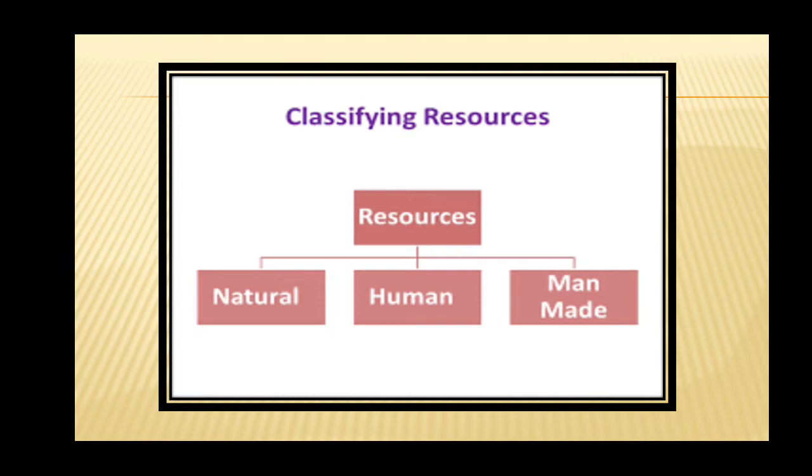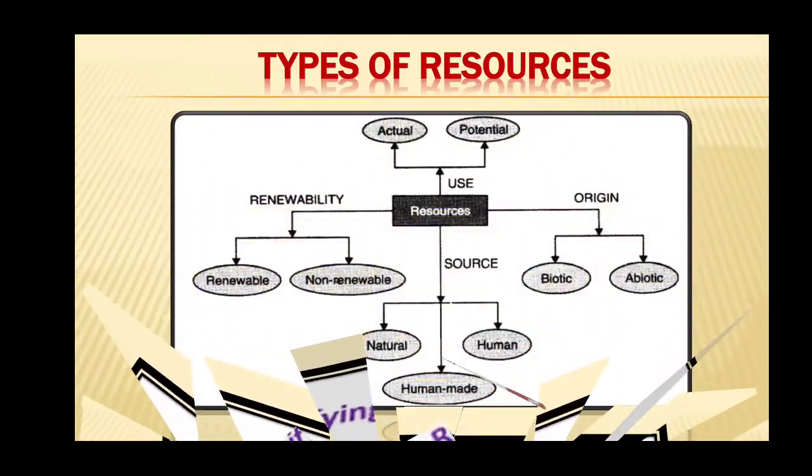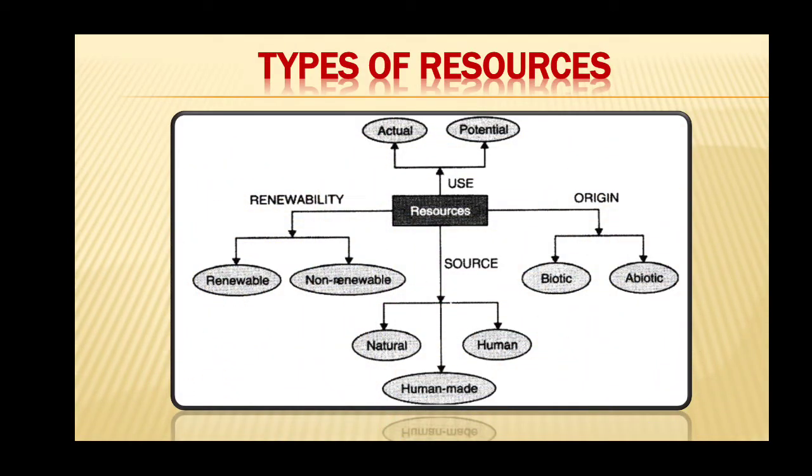Now, here we have the classifications of resources. Here, resources are classified into three main categories: natural resources, human resources, and man made resources. Here, the types of resources are explained in detail in a flow chart.